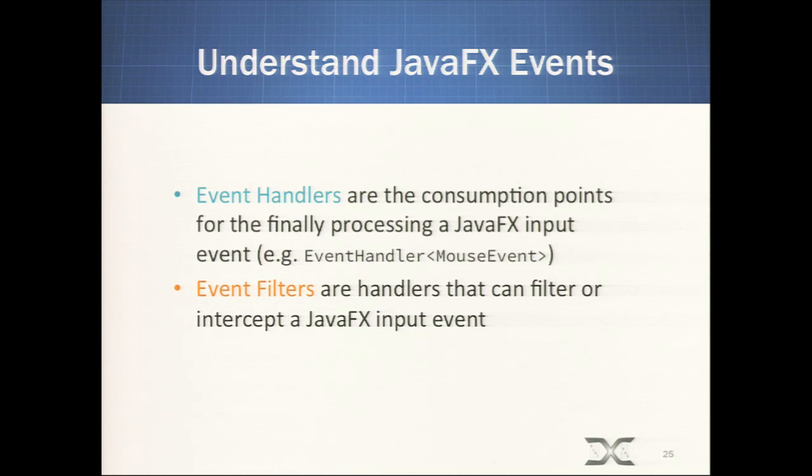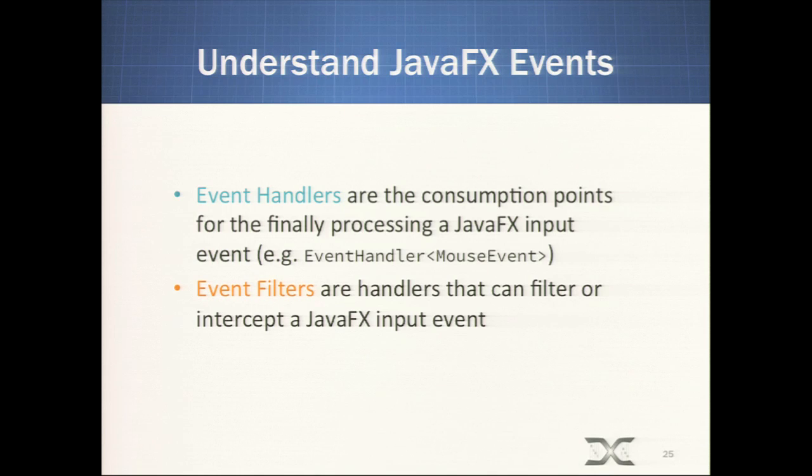Understand JavaFX events. Event handlers are the handlers that actually consume events. Events bubble down, rather, to the node that is the furthest away from the event source. Event filters are handlers that can intercept and decide whether to consume an event.